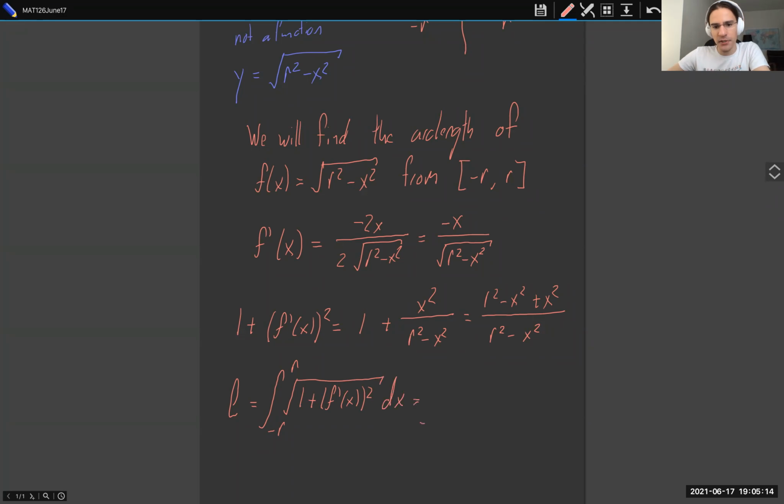And that becomes the integral from negative r to r of, now, so the x's cancel, and I just get the square root of this expression. I get r divided by the square root of r squared minus x squared dx. Does everyone see how I got that?